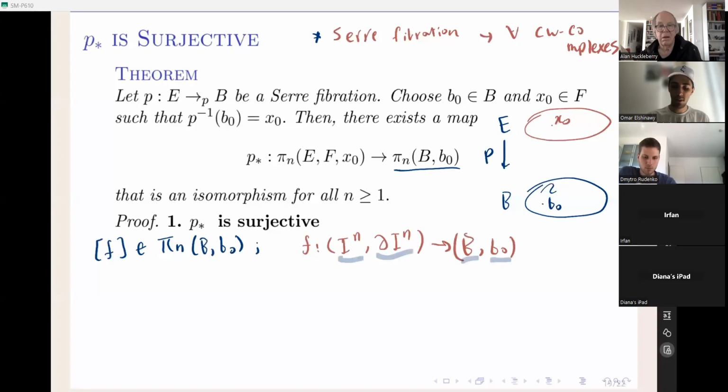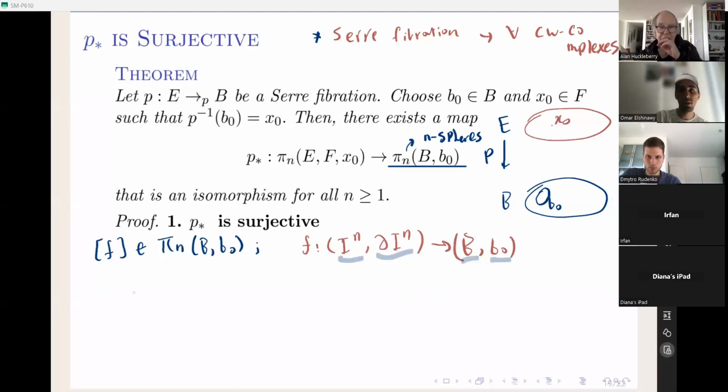So pi n is space B, and you fit inside of it n spheres.